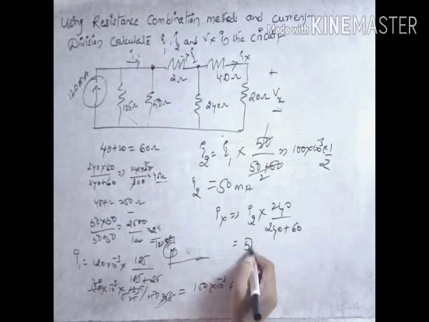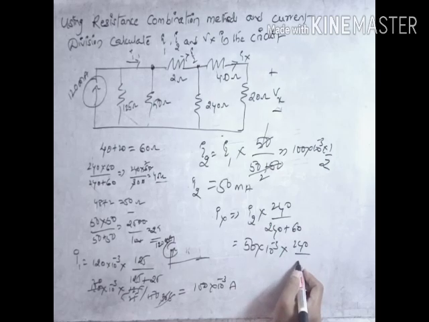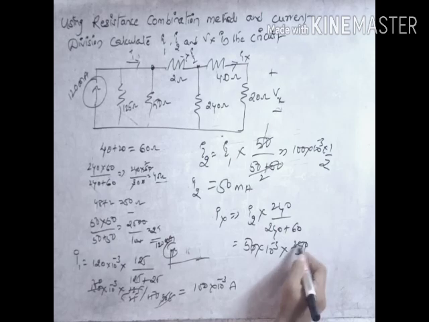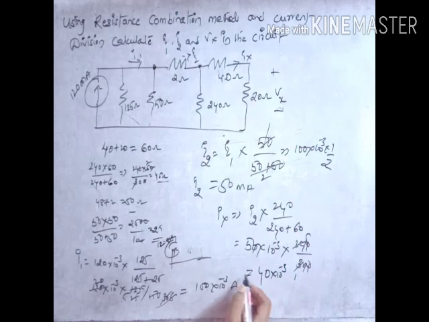That is, I2 we already calculated, 50 into 10 to the power minus 3, into 240 by 300, which is 40 into 10 to the power of minus 3 is Ix.